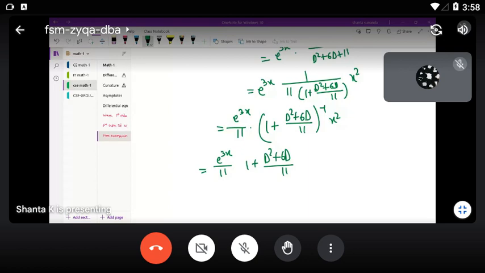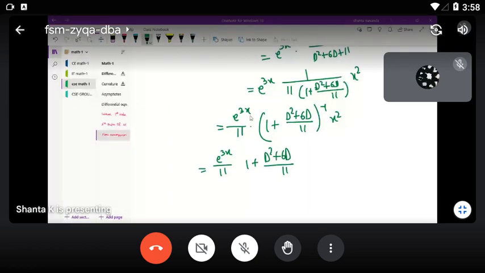It will be an alternating series. It is 1 plus x power minus 1, and we make it 1 minus, because the binomial expansion we use is for the 1 minus x form.